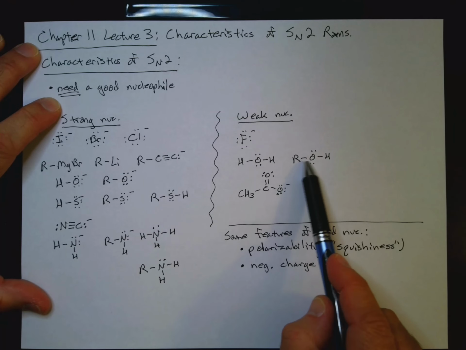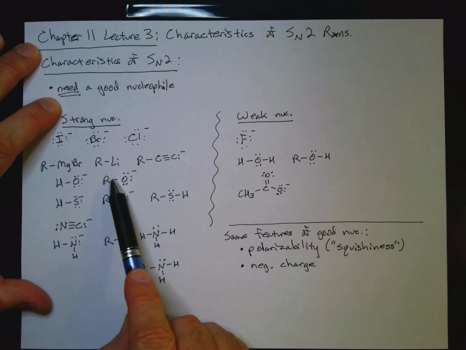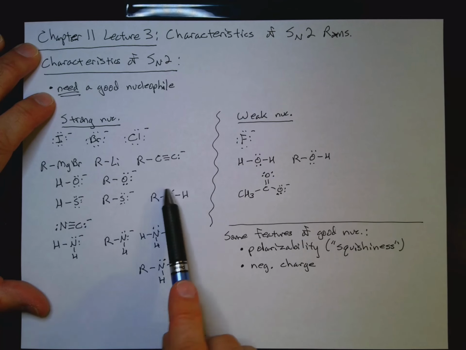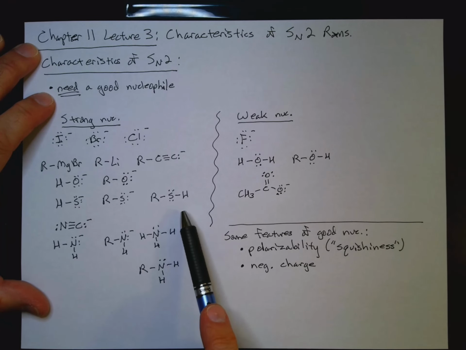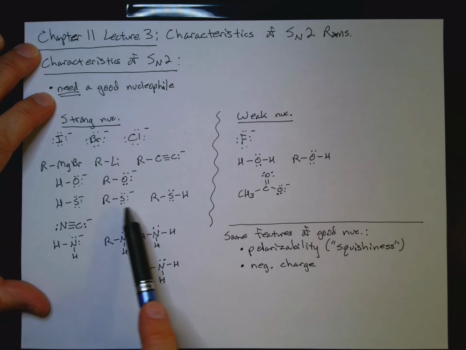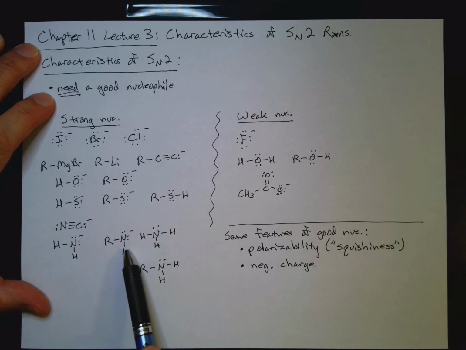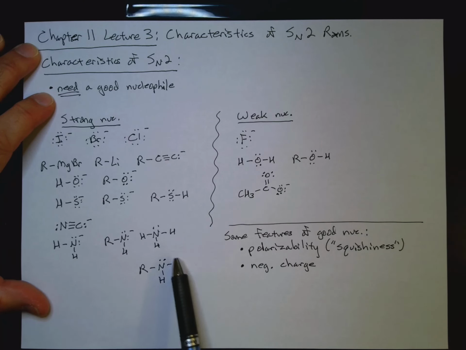Similarly, alcohols versus alkoxides. Even within the strong nucleophiles, there are different nucleophile strengths. RS minus is a stronger nucleophile than RSH. RNH minus is a stronger nucleophile than RNH2. Again, because of that negative charge, we've got more electron density.